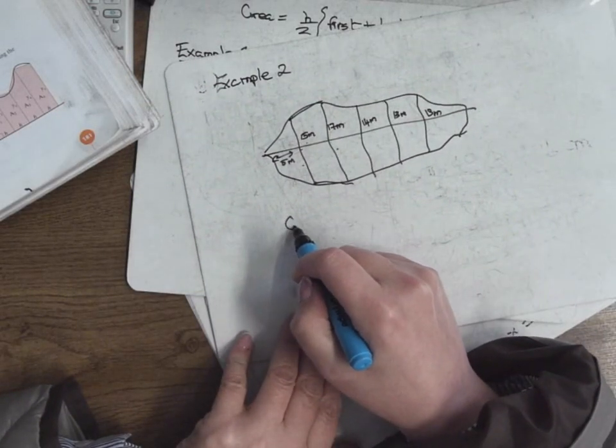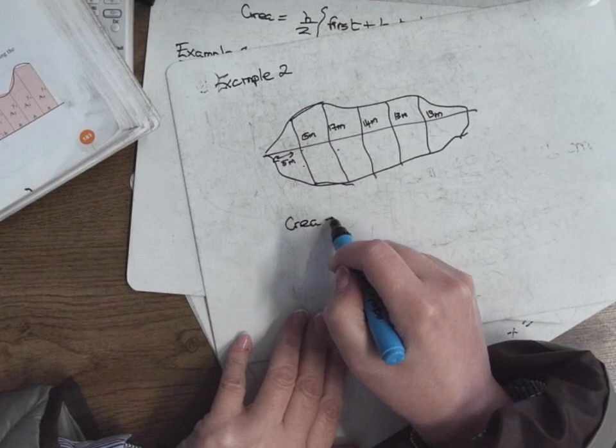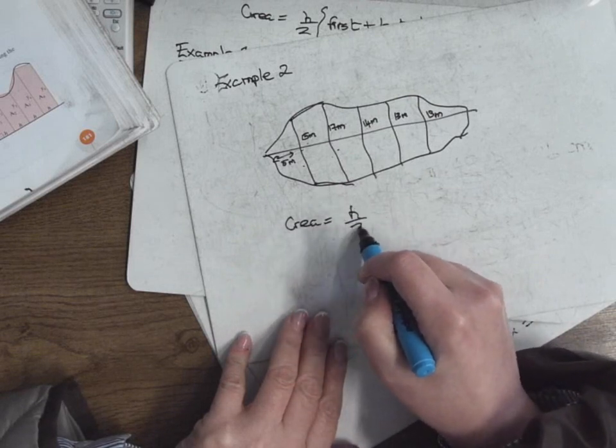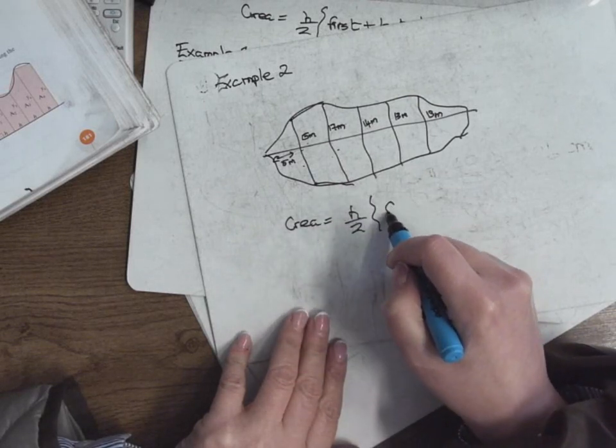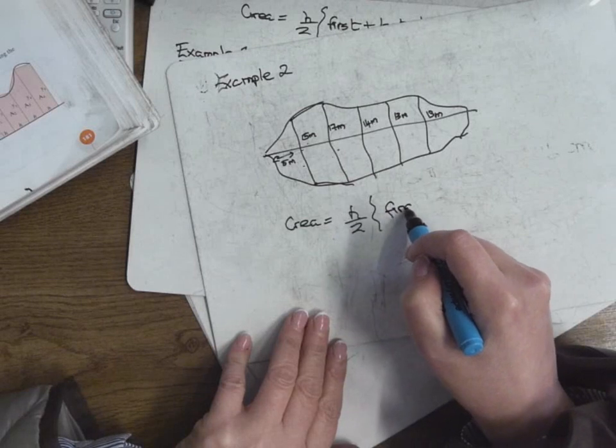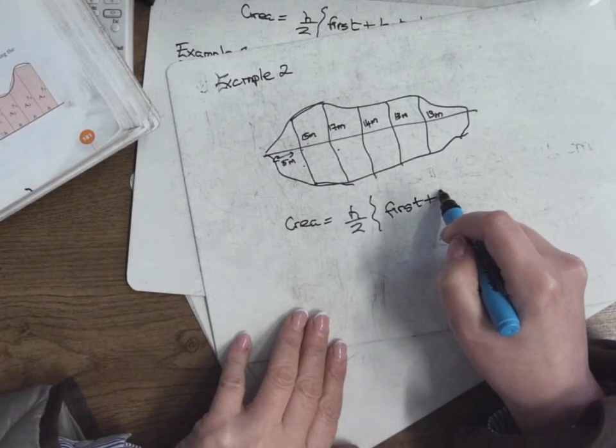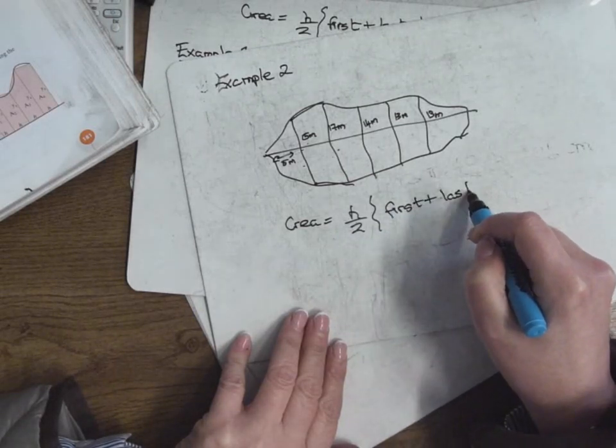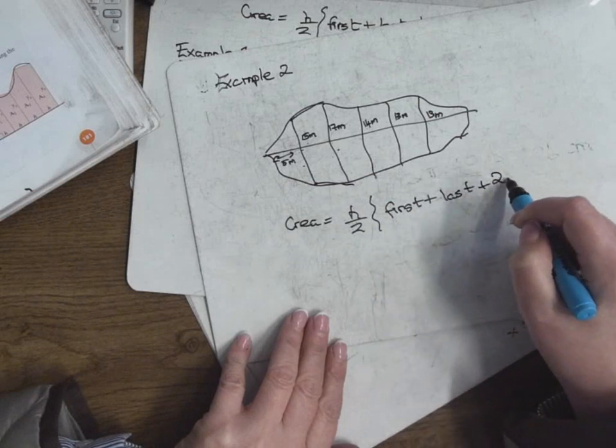Okay, so the area is h over 2 times the first plus the last plus twice the rest.